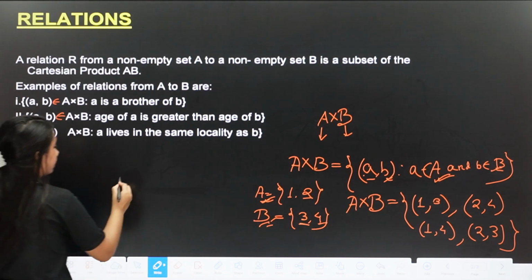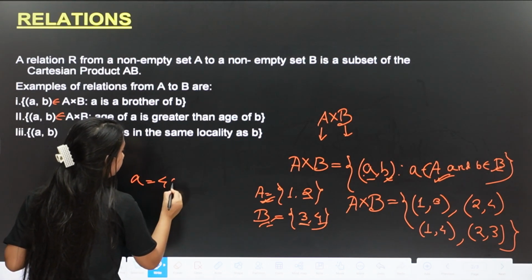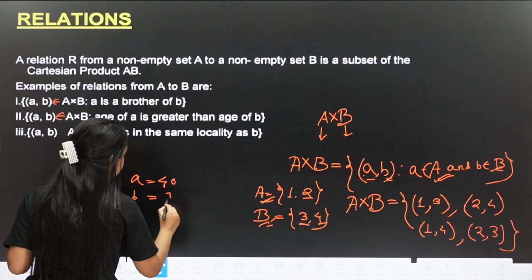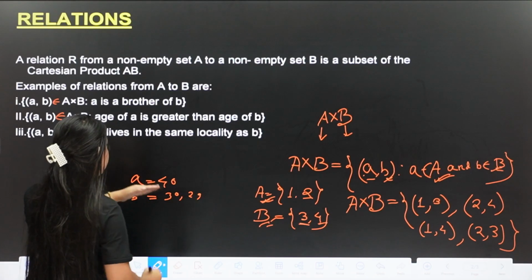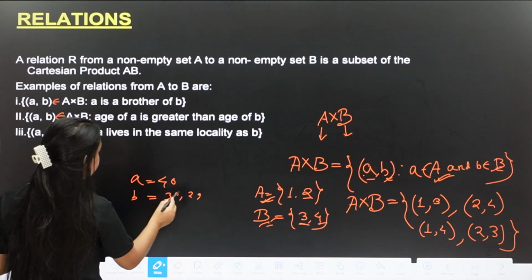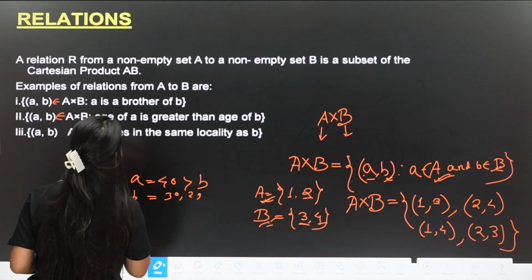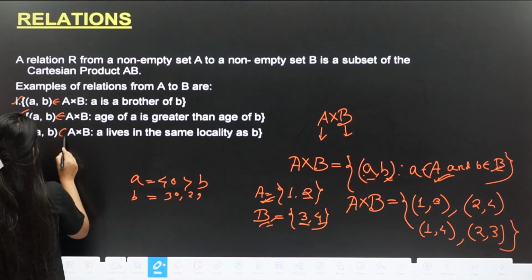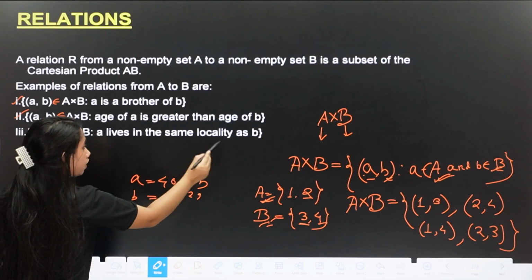That is, if a is 40, then b will be 30, 20 or something else less than 40. The third example is (a, b), where a lives in the same locality as b.